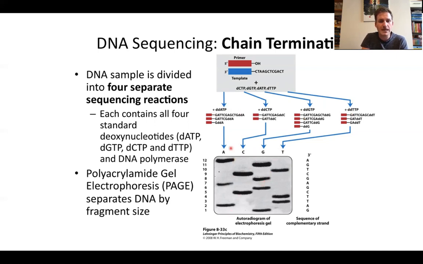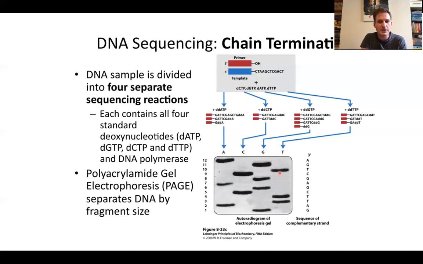So if we work our way downwards, we can see that at the 12th position, there's a band in the A lane. So that means the sequence is A there. Then at 11, it's no A, no C, there is a G, there's no T. So that means at that position is a G, or guanine nucleotide. In the 10th position, we can see there's no A, no C, no G, but we do see a band appearing in the thymine lane.